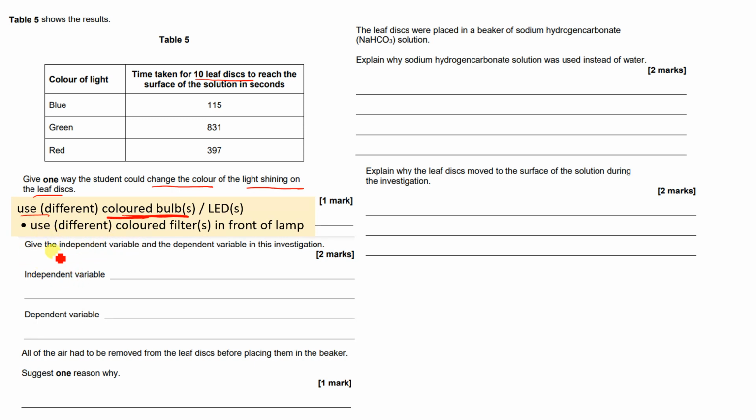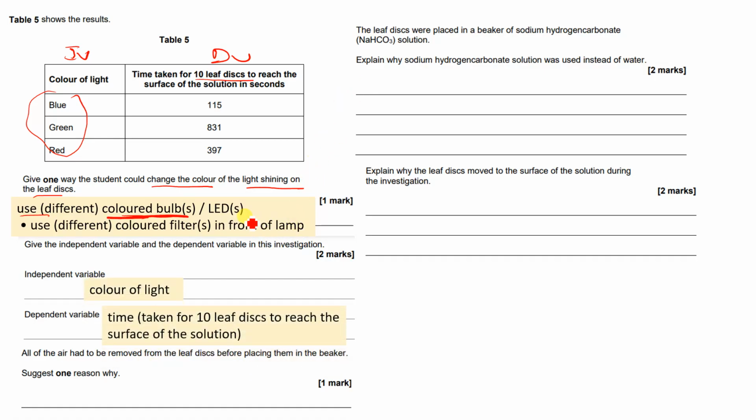Now, give the independent variable and the dependent variable. I said it earlier, the independent variable is what you change. So what was being changed is color of light. What is being measured is your dependent variable, which is the time taken. So color of light is your independent variable, and time taken for discs to reach the surface is your dependent variable.